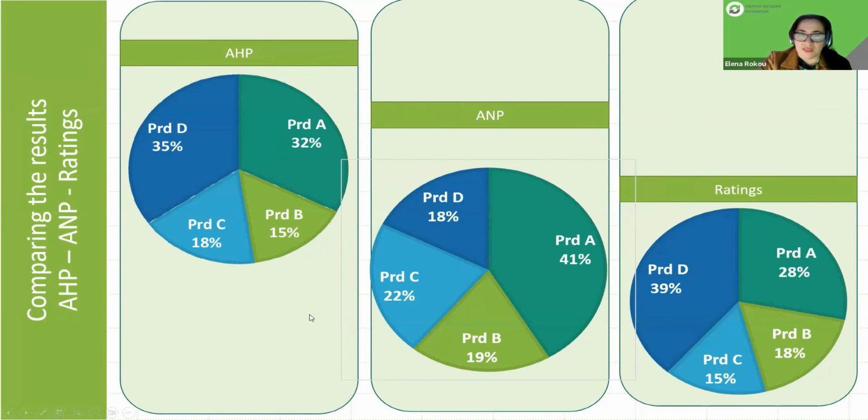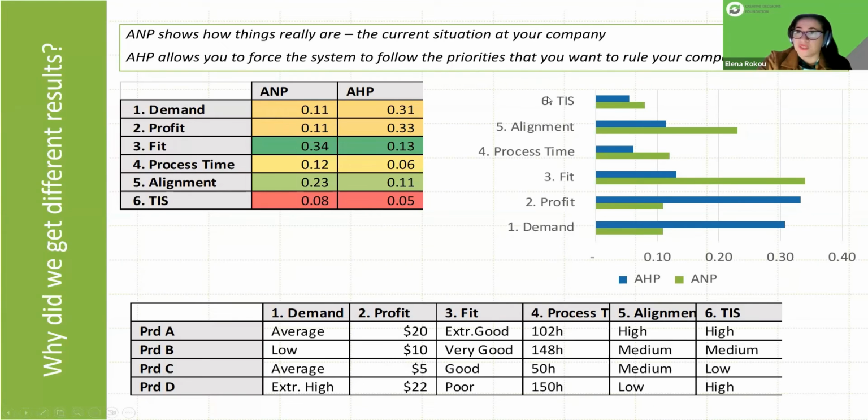Why is that happening? Does it make sense? Is it that the methods are not working well? Well, actually, they are working more than well. They are doing exactly what they are supposed to do, which is help you decide different things in different situations.